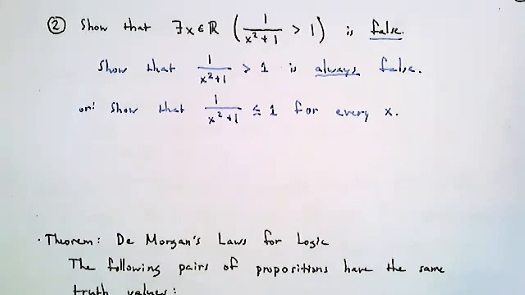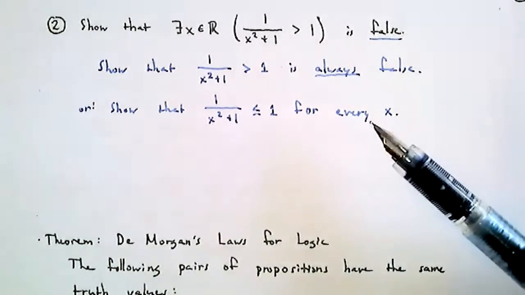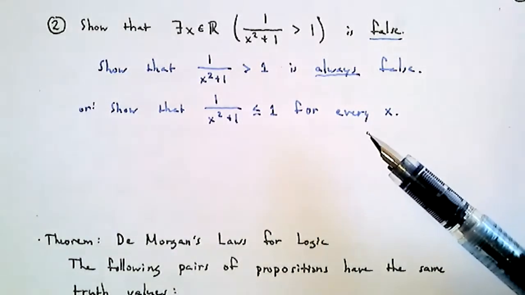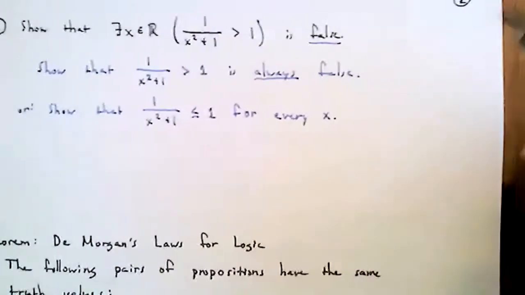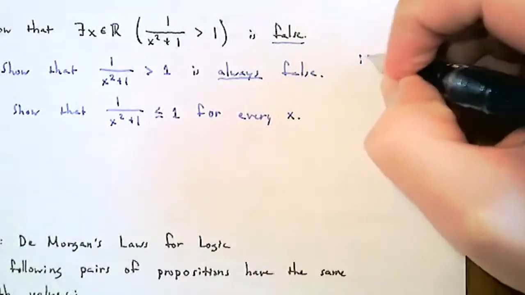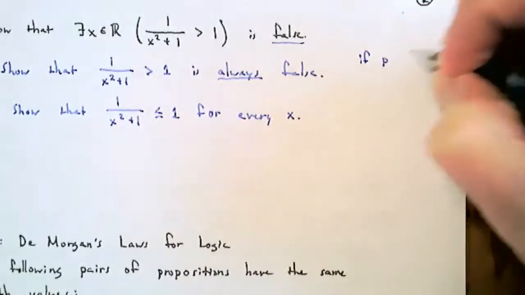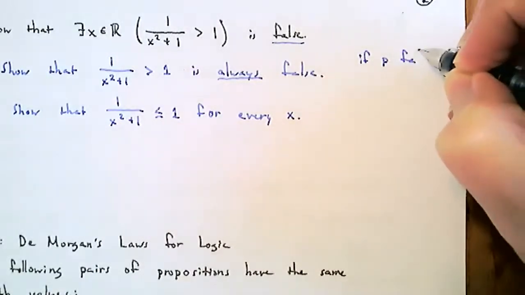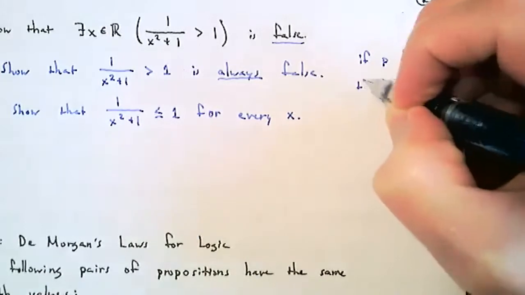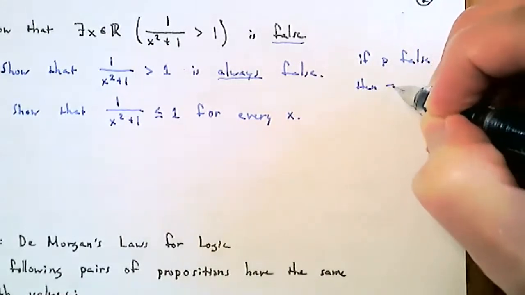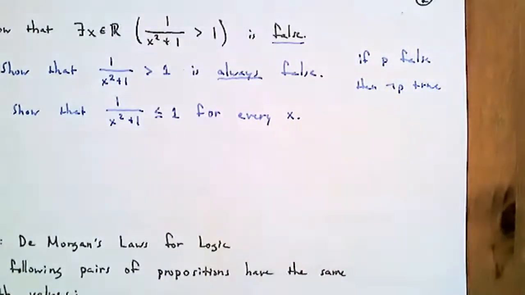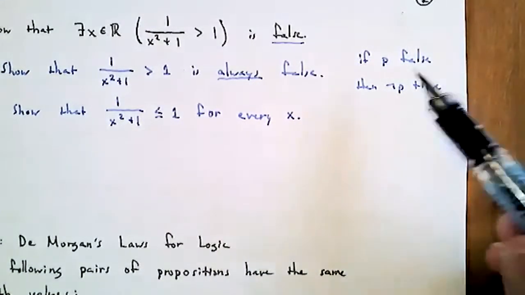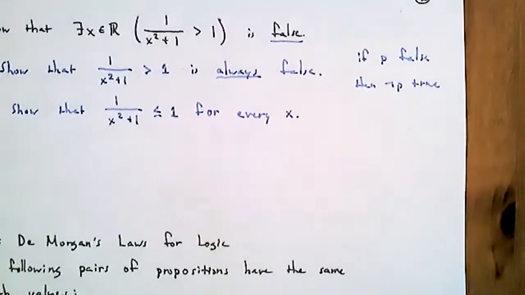Let's see, what's the best way to answer that? If you're wanting to show that something is false, then you're showing that the negation is true. So remember, if P is false, then not P is true. So this is the kind of thinking that we're doing here.